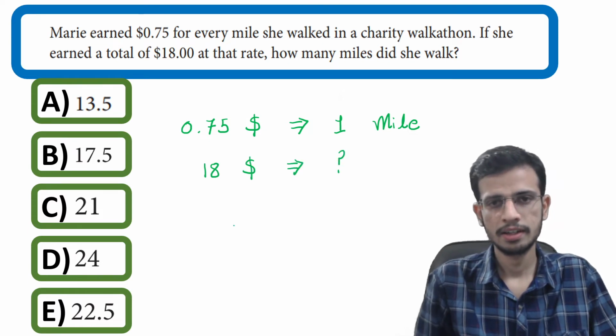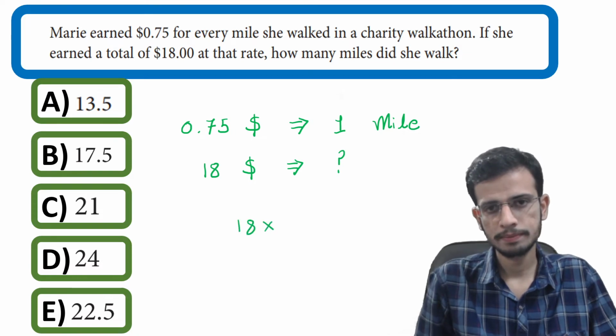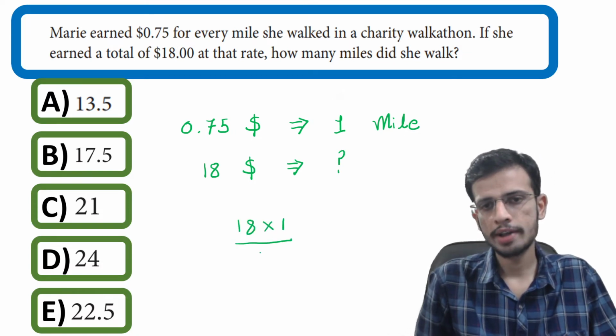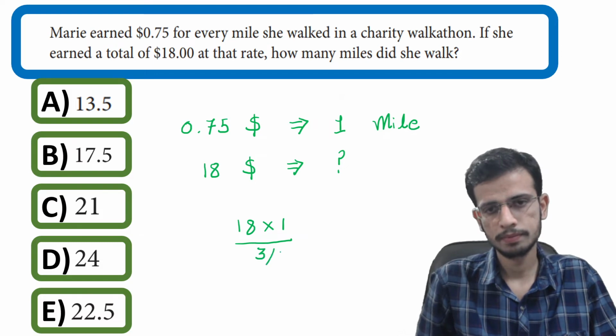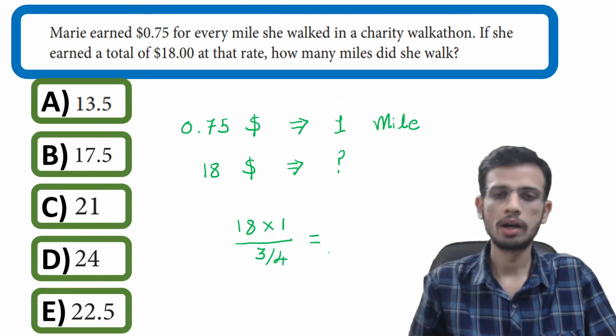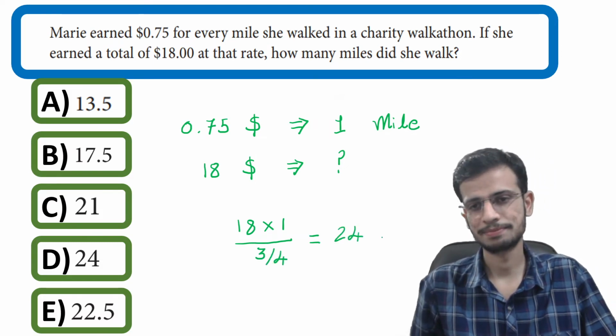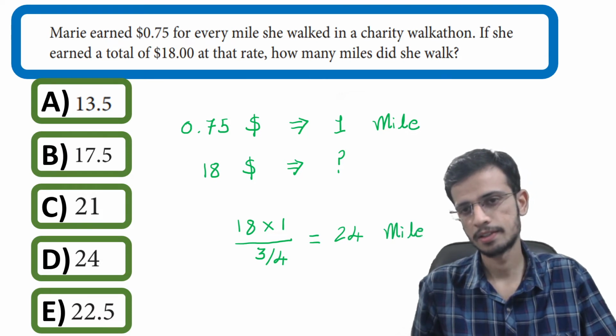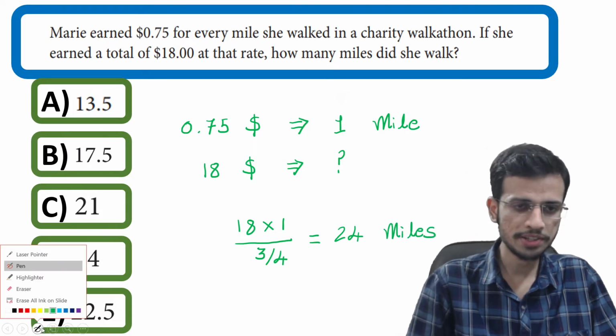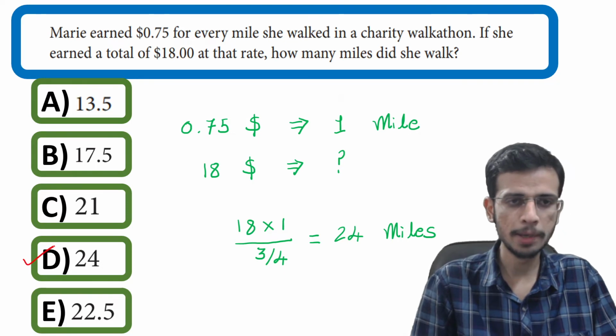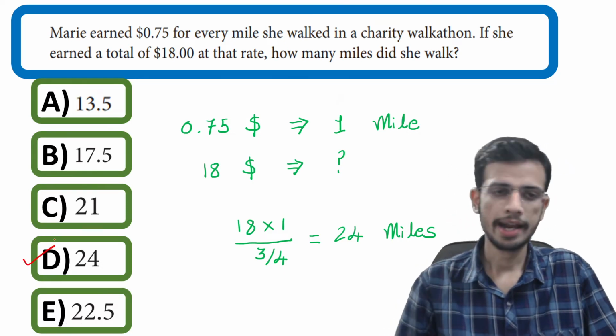So 18 into 1, and I can write 0.75 as 3 by 4. So I'll be getting 24 miles. So yes, for this question, option D will be the correct answer. It is a very simple question. And let's move on to the next question.